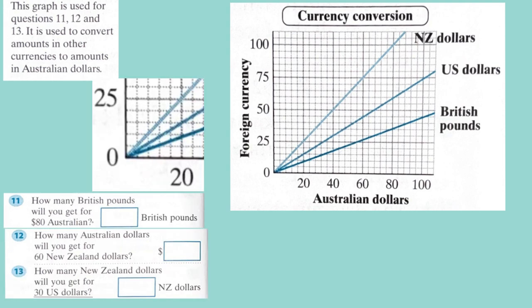You can see that there are 5 divisions in the vertical scale here. These 5 divisions have to be divided into 25. So 25 divided by 5 is going to give us 5, which means that our scale will be 5, 10, 15, 20, 25.